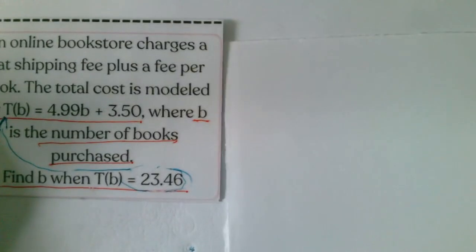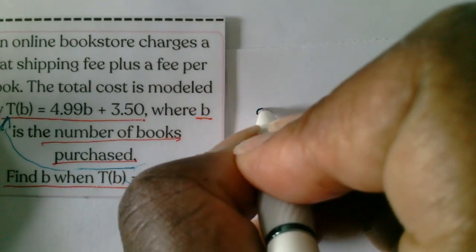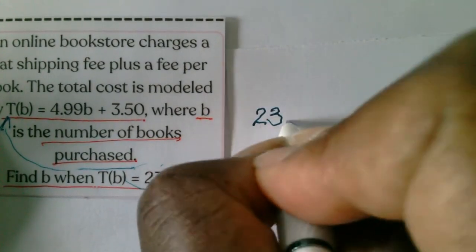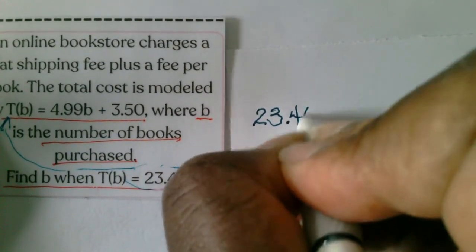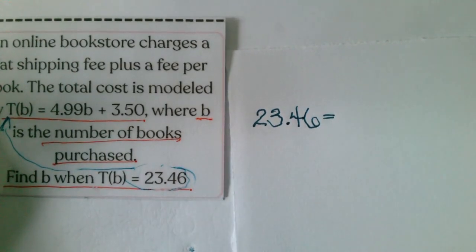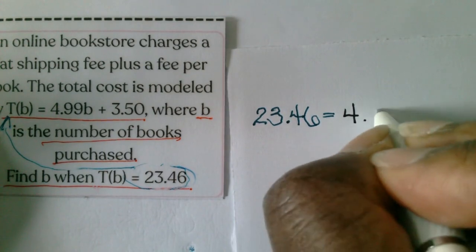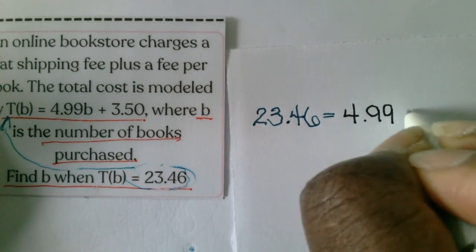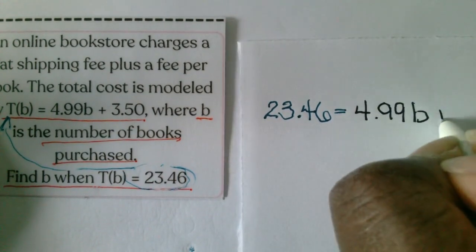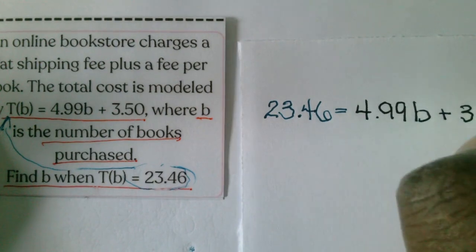So it's going to look like this. So you have 23.46 is equal to 4.99B plus 3.50.